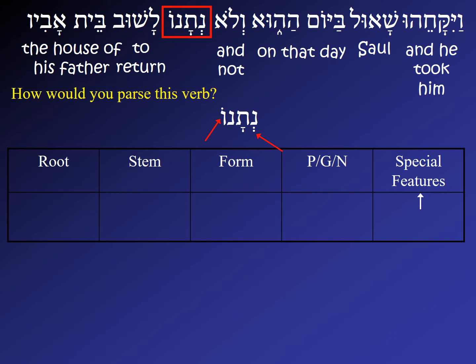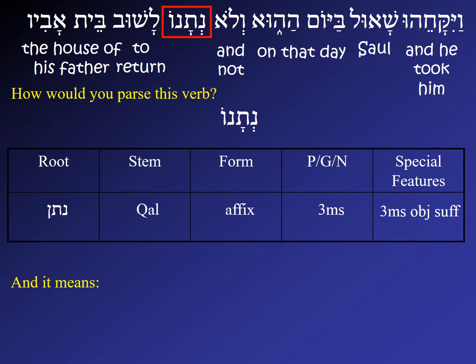And notice that it has caused a reduction of our expected theme vowel of the qal. So this is a third masculine singular object suffix. Now what's left then is simply our root, natan, and we're just looking at a qal affix form, third masculine singular, that has had its qamets reduced because of its propretonic qamets now, and then a vowel shift under the tav. So this simply means he gave him.